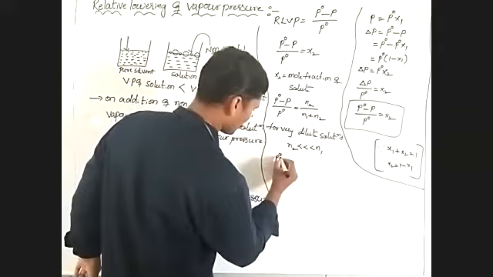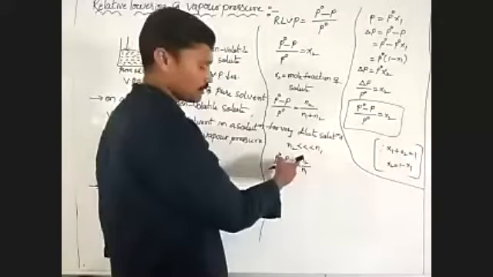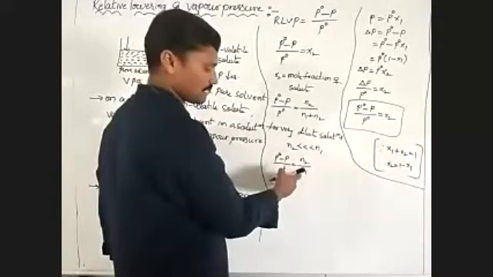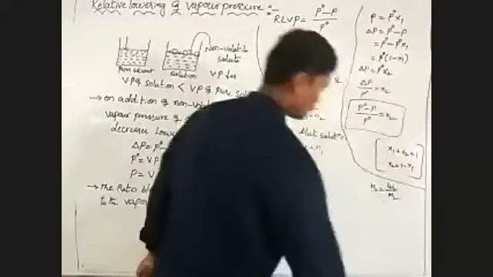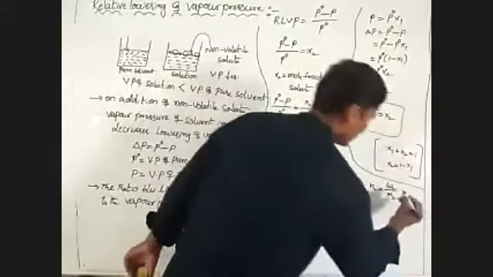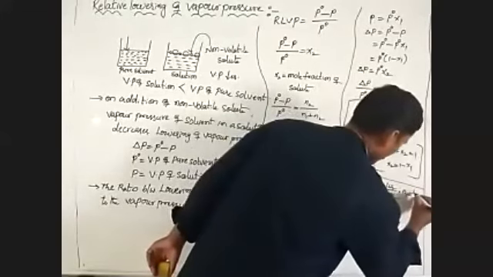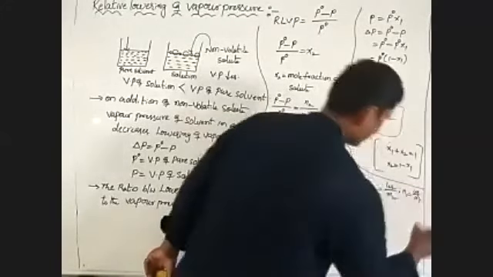So P naught minus P by P naught is equal to n2 by n1. n2 means number of moles of solute, n1 means number of moles of solvent. Generally, number of moles is weight by molecular weight. n2 is equal to W2 by M2, and n1 is equal to W1 by M1.